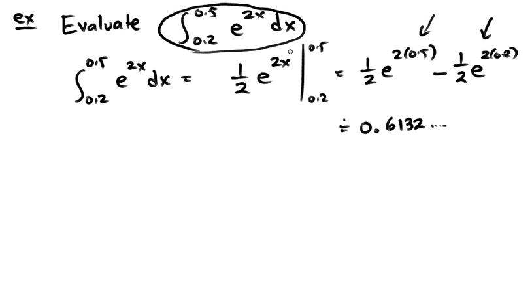So if you have your graphing calculator with you now, we're going to evaluate this next one the same way we did this, and then I'm going to show you two other ways to do it using the calculator a little bit quicker.